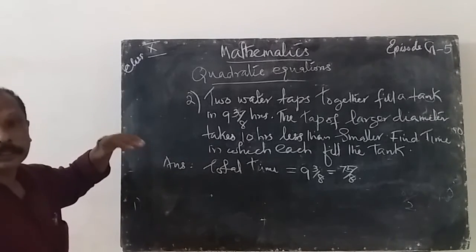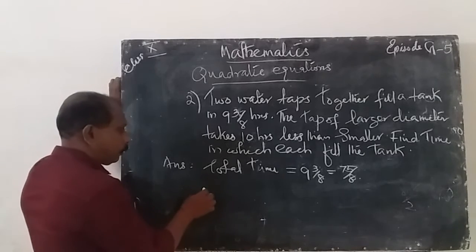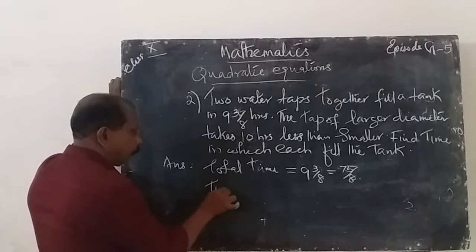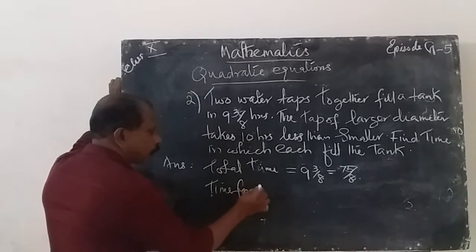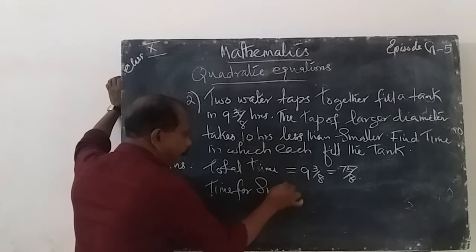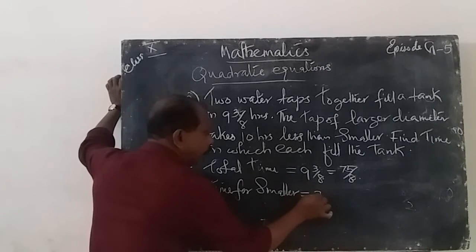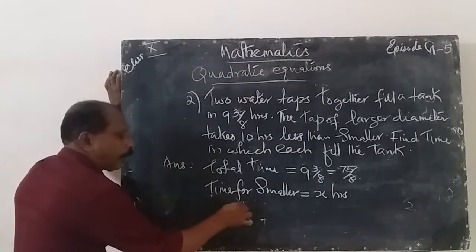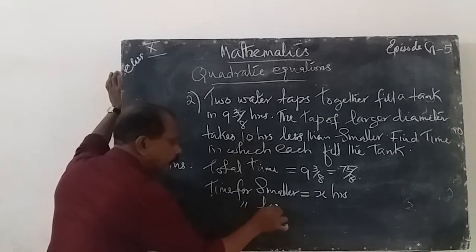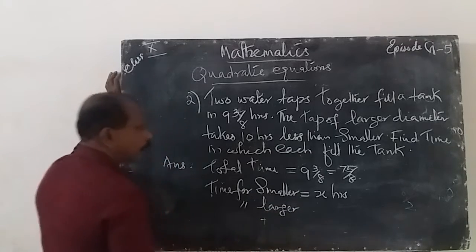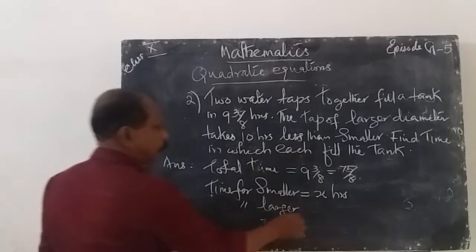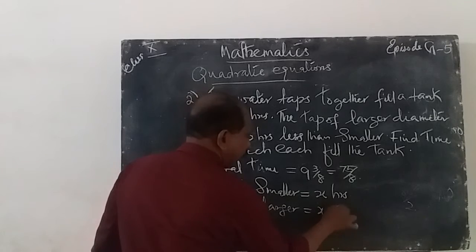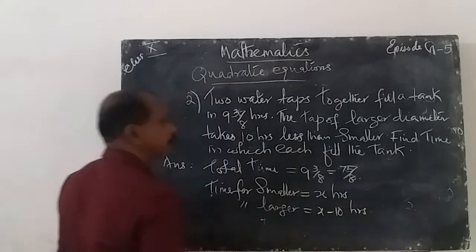Time taken for the smaller tap is equal to x hours. Therefore, time for the larger is equal to x minus 10 hours.